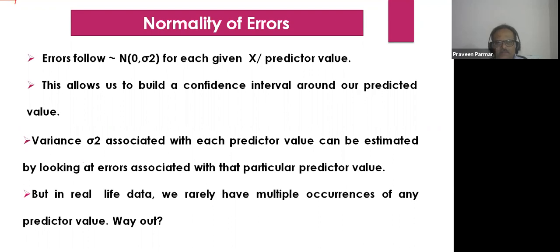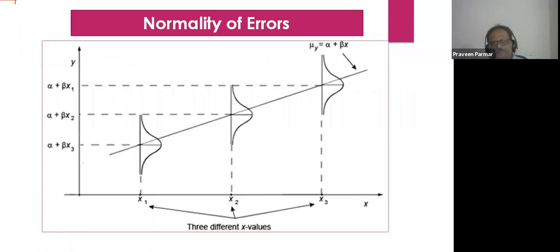But in real life data, we rarely have multiple occurrences of any predictor value. You see, this is our linear regression, and we see this Gaussian distribution of the error. Normality of error means it should be normal, not skewed. So we get the confidence interval, and both the upper side and the lower side should be the same.